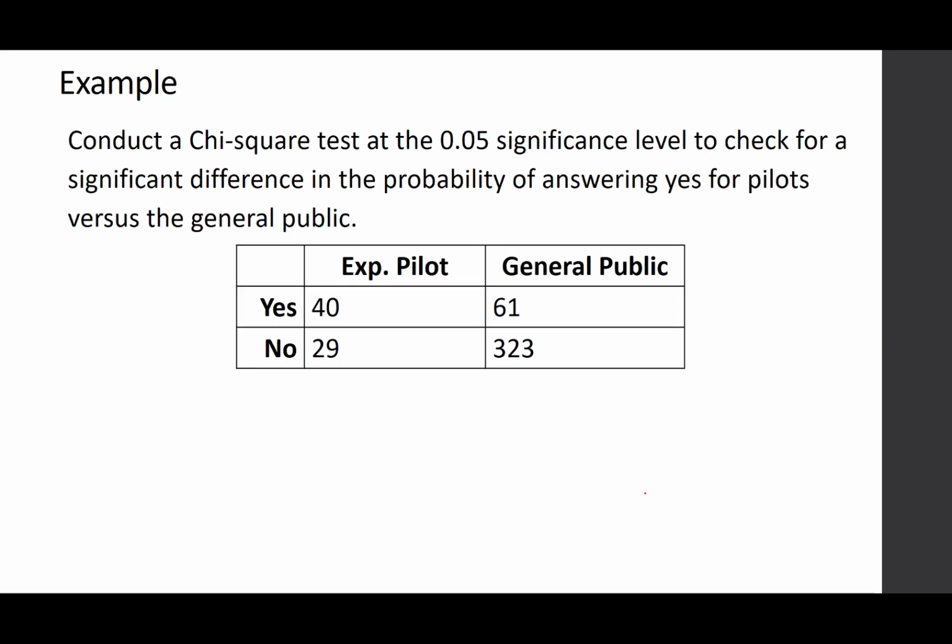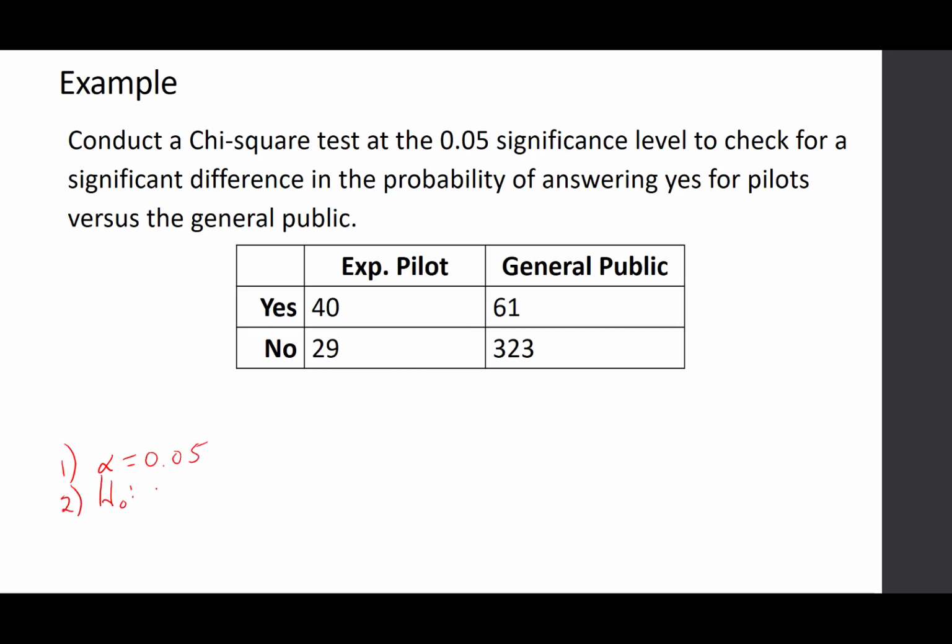All right, so back to our example. We want to conduct a chi-squared test at the 5% level to check for a significant difference in the probability of answering yes for pilots and the members of the general public. So our alpha level is 0.05. And we need to state our hypotheses.